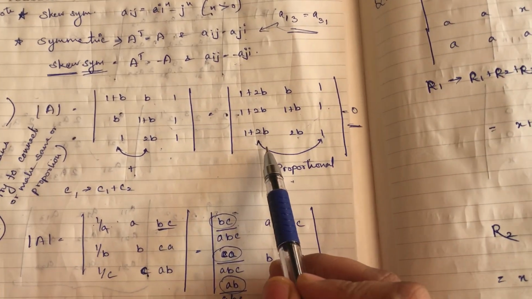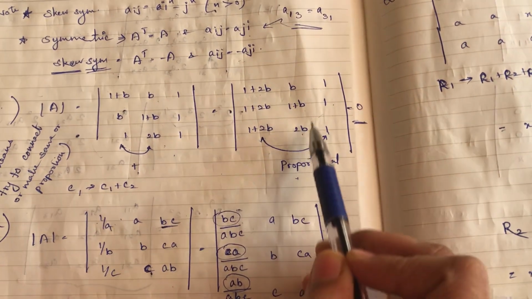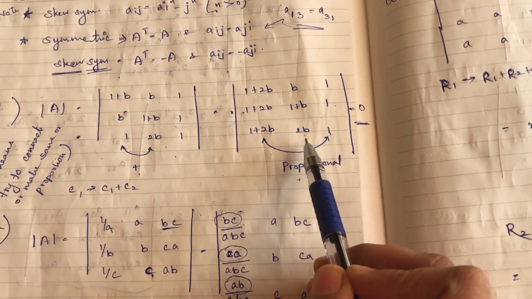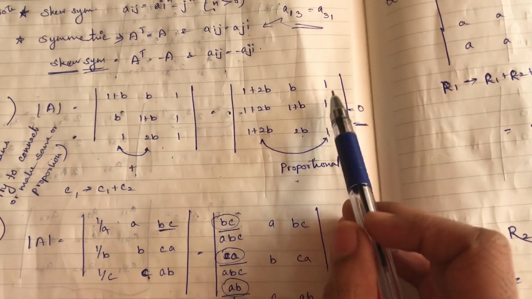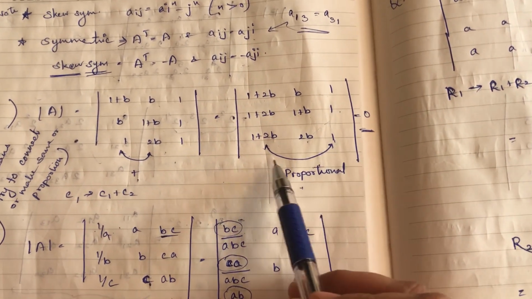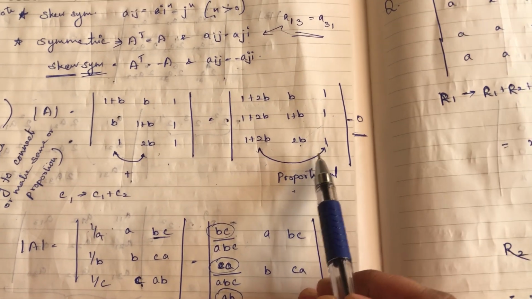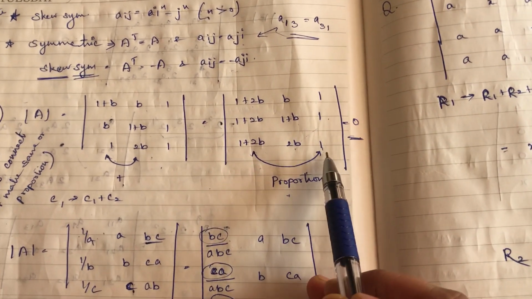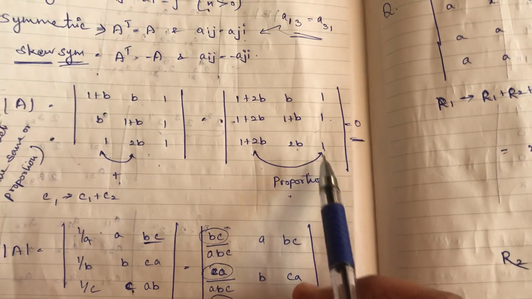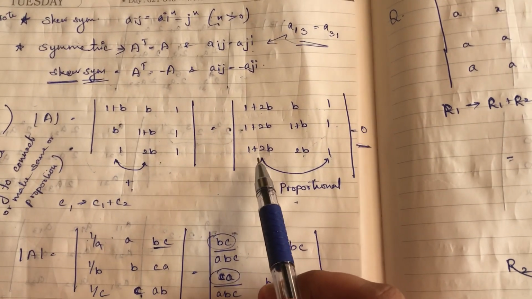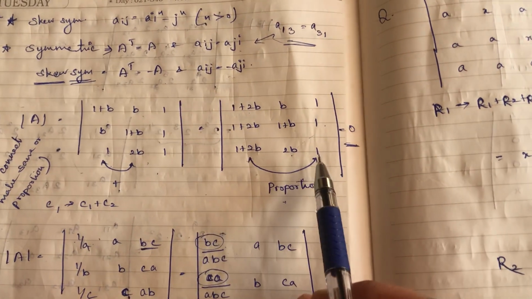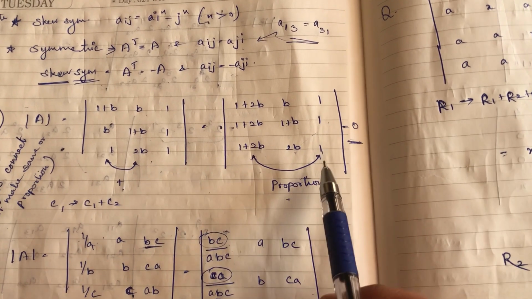And you can write column 2 as it is, and column 3 as it is. You can see here these two columns are proportional. How is it proportional? Because if we add 2b to the third column, we will get the first column, right? So it is proportional.